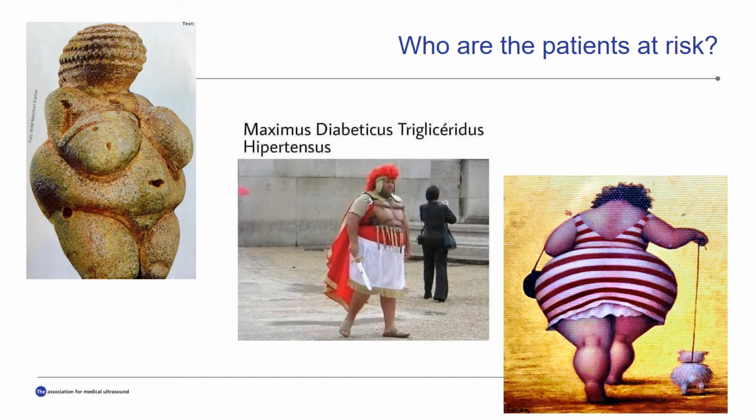If we look here, we can see an image of patients at risk, coming from the statue of Venus on the left, going to the Roman period with this obese patient, and going to nowadays. Obesity, hypertriglyceridemia, and others are the conditions for this situation.